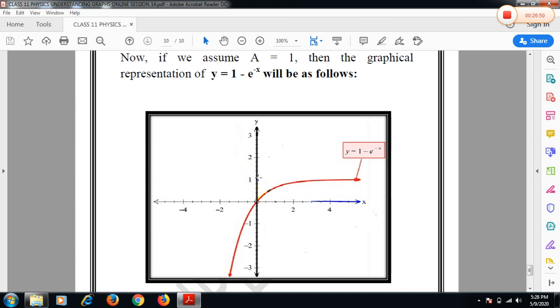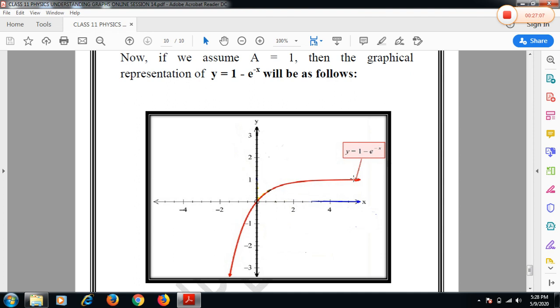Students, please look at that. This type of graph is known as a saturation type of graph.